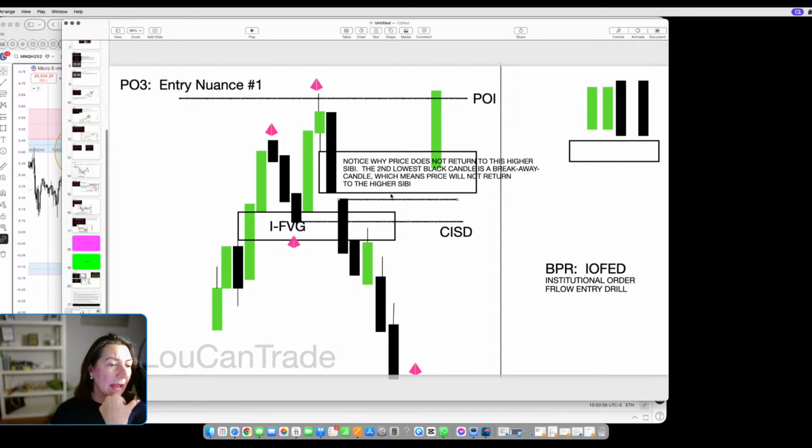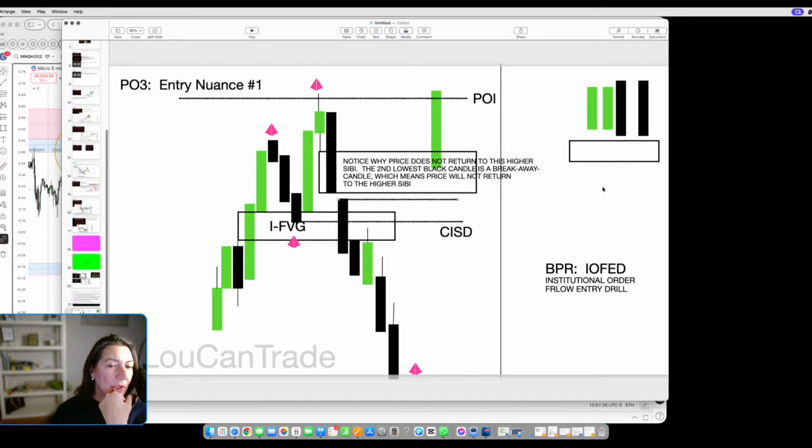We could consider that. When price moves really quickly, price shouldn't come past the consequent encroachment of this inverted fair value gap, okay? And sometimes, on something like this, it may just kiss the very bottom of this inverted fair value gap and then just explode down, especially when we're inside a macro, right?